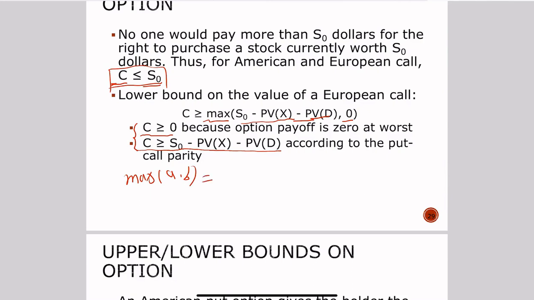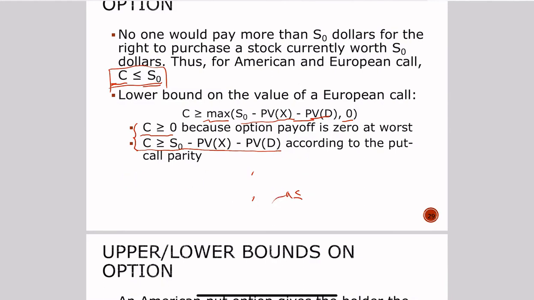It's essentially A if A is larger than B, and it's B if A is smaller than B. So you could write this compact form into this non-compact form, which could possibly give you a better idea of what is going on here.